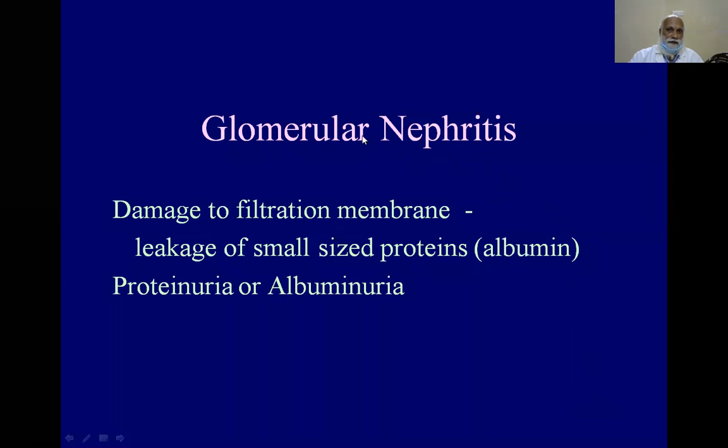In glomerulonephritis, the inflammation of the glomerulus, there is damage to the filtration membrane and so leakage of small-size protein. As we said earlier, albumin is a small protein. Globulins are very big, so they will not come.